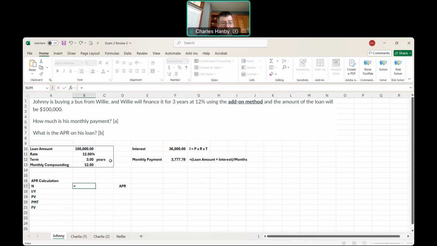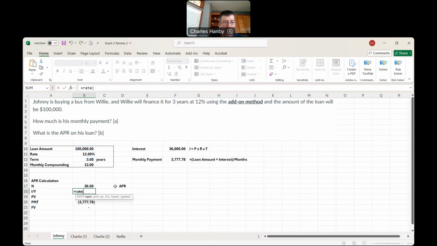So N, the number of periods, 3 times 12. I/Y, we're calculating. PV is the loan amount, and that's a positive, and then negative the payment, and then 0 future value, and equals rate.